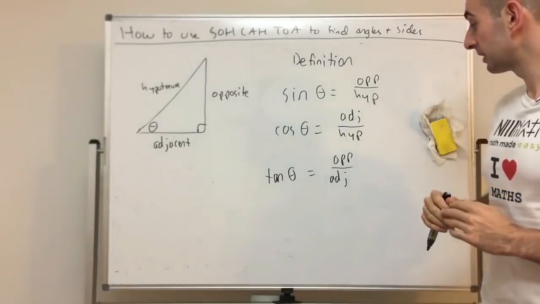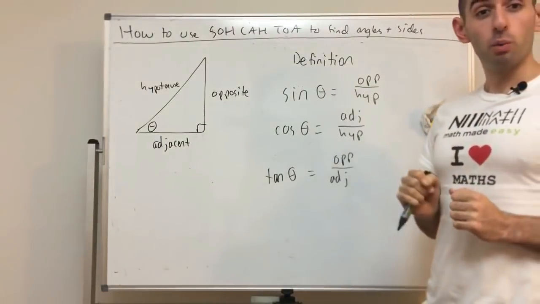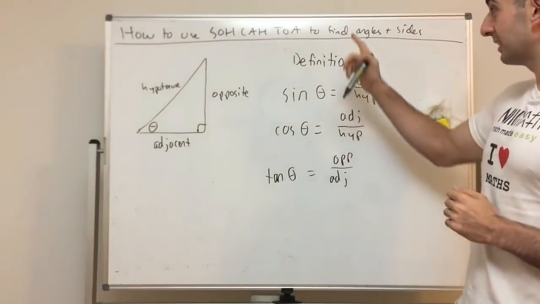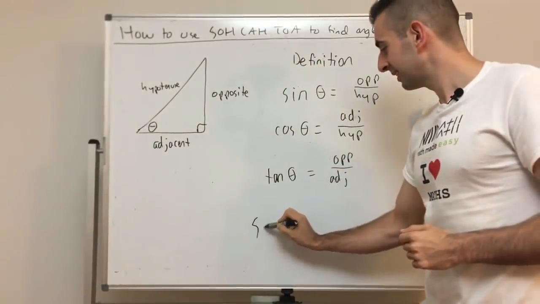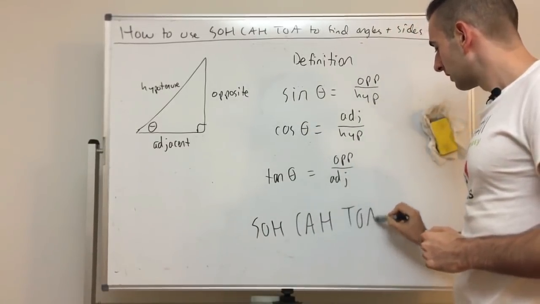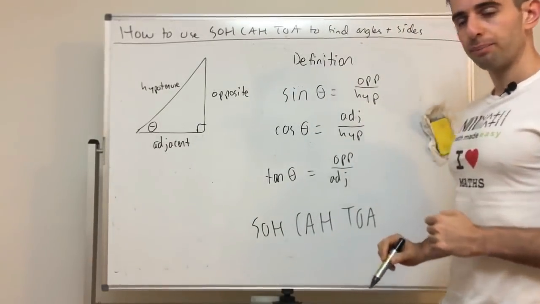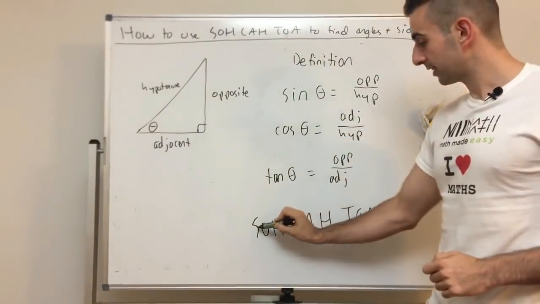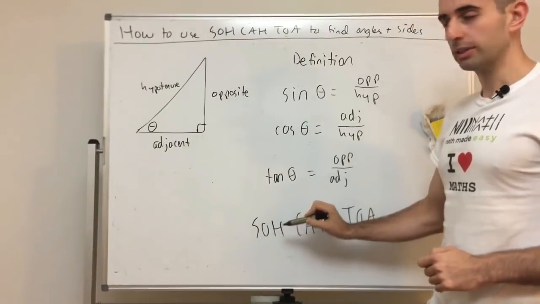More advanced topics. Okay. Now there is a great way to remember these trig ratios, and that is SOH CAH TOA. Right. So you see here, sine theta is opposite over hypotenuse. Look at this, sine opposite over hypotenuse.